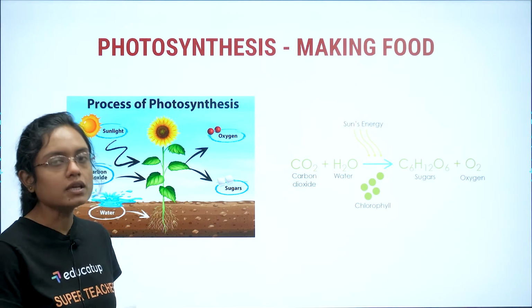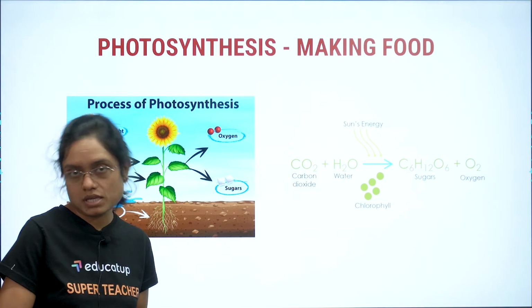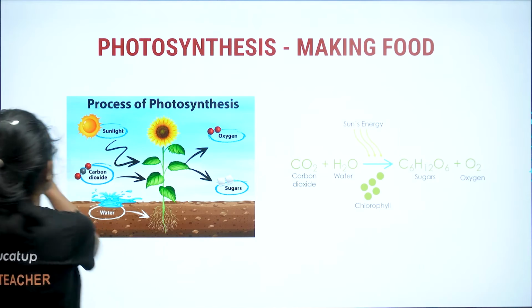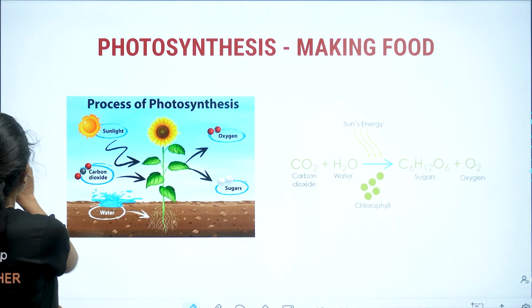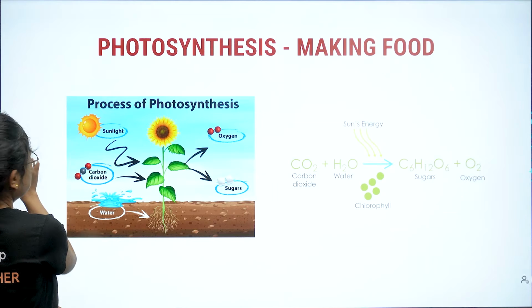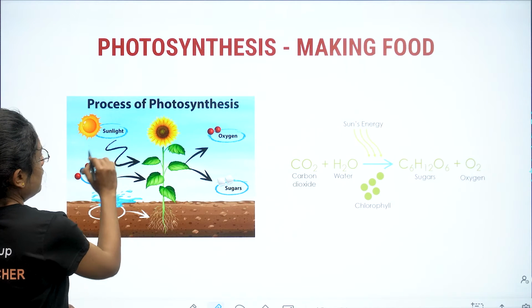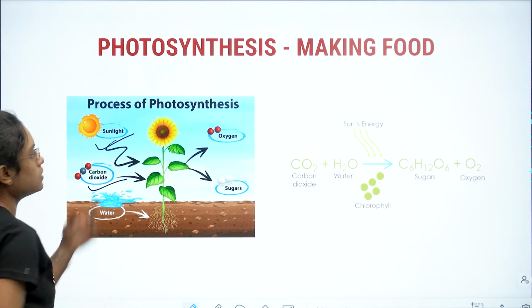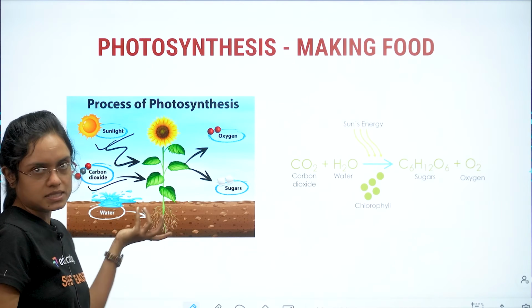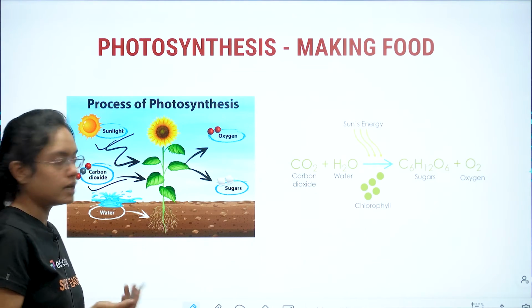You already know that, but a few of the components are extremely essential: sunlight, carbon dioxide. Sunlight is available from the sun. Carbon dioxide is present in the air.